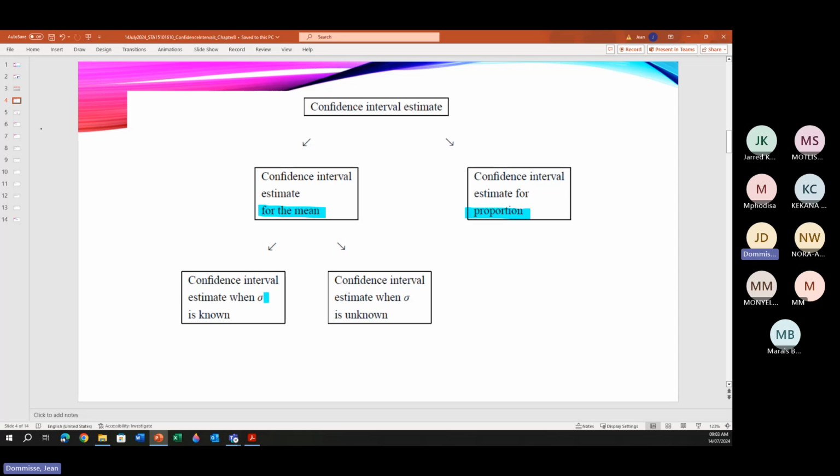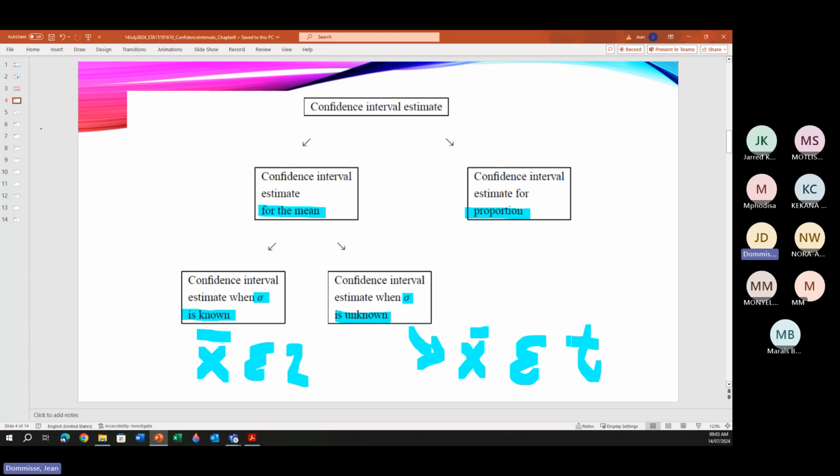So if your standard deviation is known, we follow the normal process with an X and a Z. If your confidence interval is where your standard deviation is unknown, then the process will still involve the mean, but instead of a Z, we are then working with a t distribution.